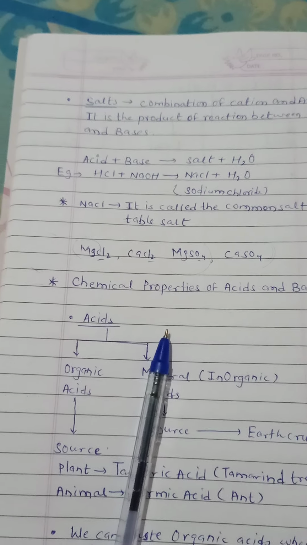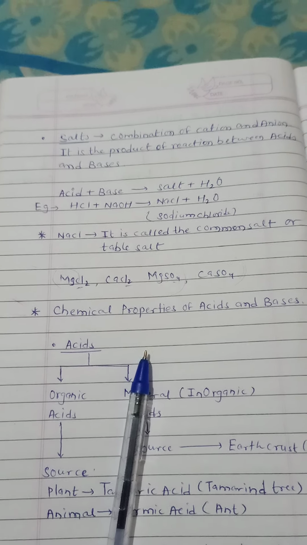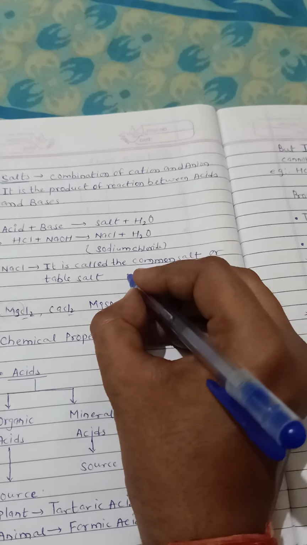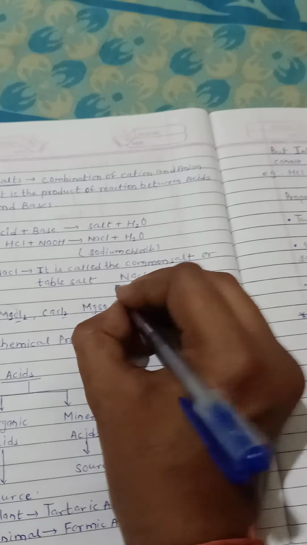These are examples. So common salt or table salt, why do we consider it a salt? Because it combines two elements, NaCl, sodium chloride.